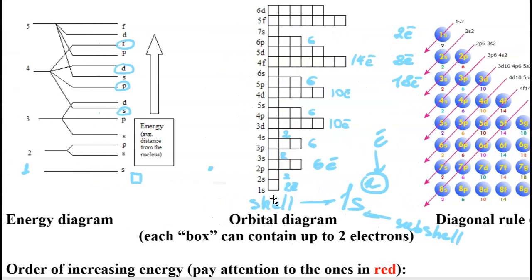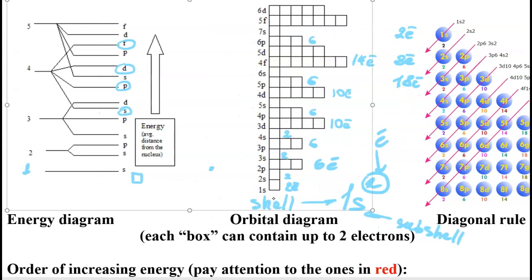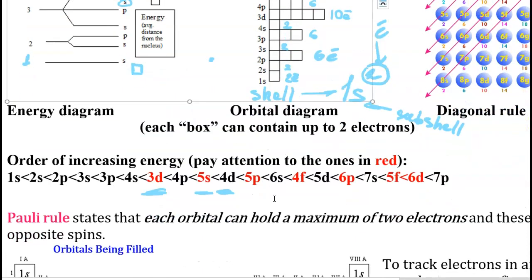And here on this diagram, you can see that the 3D subshell has a higher energy level than the S subshell. Okay, and maybe this arrow will be easier to use.